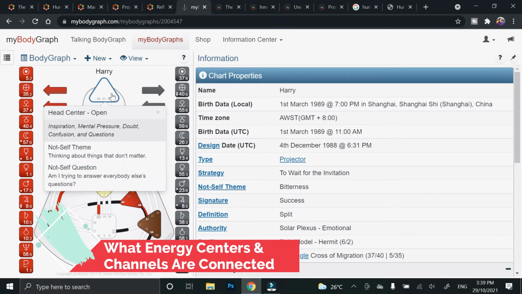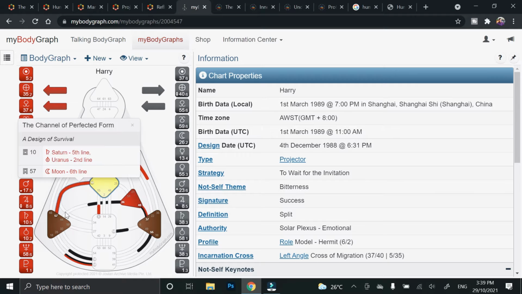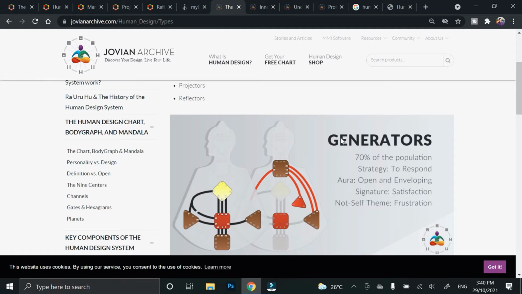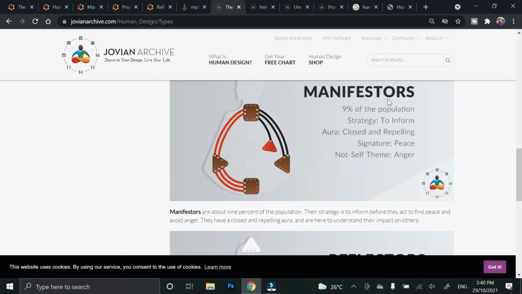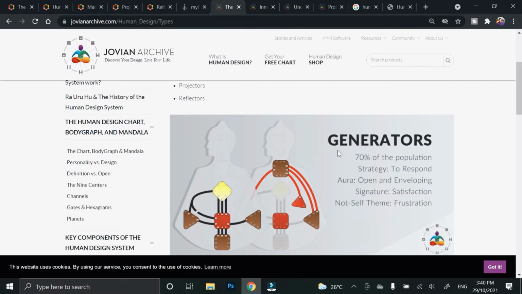All of these are your energy centers, like I mentioned in 102, as well as the channels connecting them. They tell you what type you belong to, and by knowing your type, you will know your strategy. Over here you can see the specific strategies for each respective class: the invitation for projectors, and informing for manifestors. All these are the understanding of strategy.